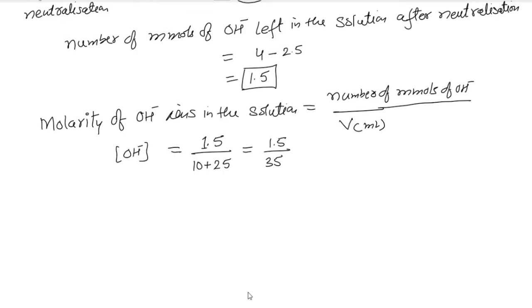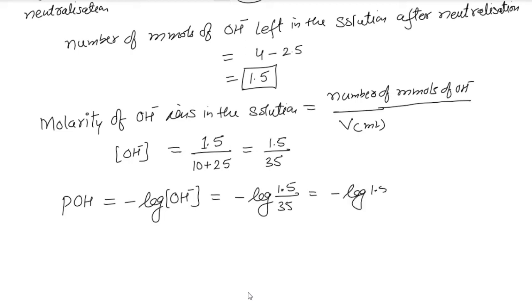From this we can calculate pOH. pOH is minus log of OH negative ion concentration. So minus log of 1.5 over 35, which is minus log of 1.5 plus log of 35.